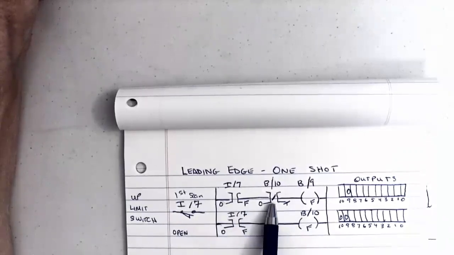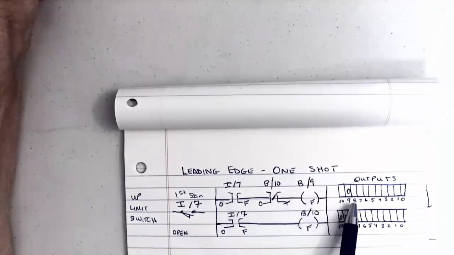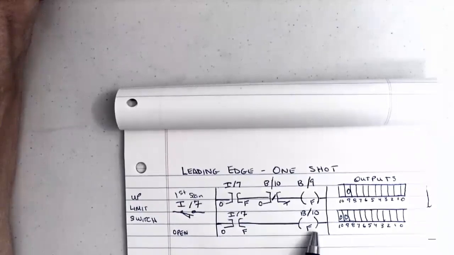Because one of these two is false, B9 is false, and in the output register we would register a low for B9. On this next rung, because the limit switch is open, we have a low, which makes this false, and B10 false. So B10 in the register would go low as well.